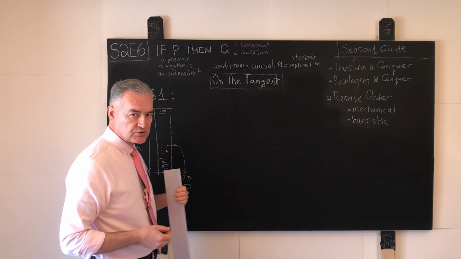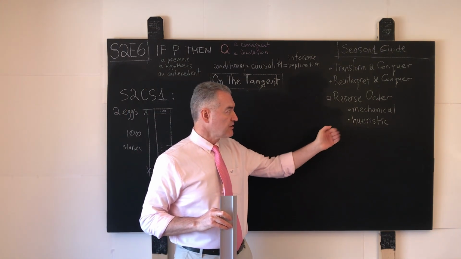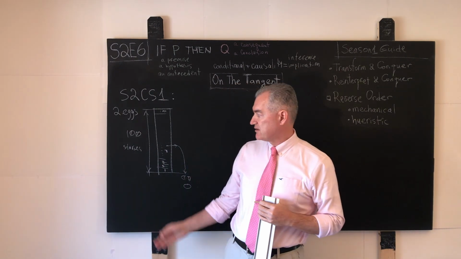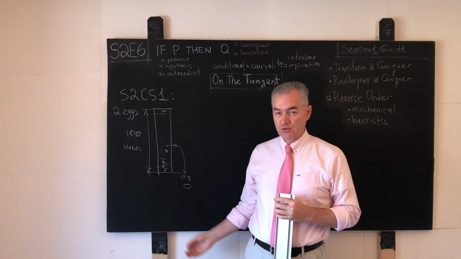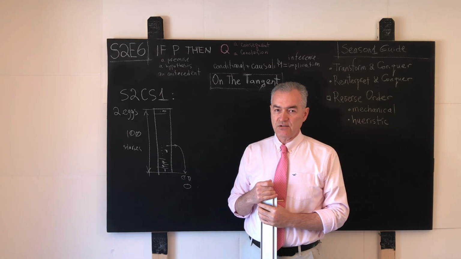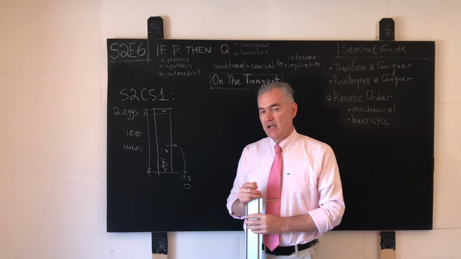Again, this problem can be solved in a number of different ways, but because right now we're studying the mechanics of the reverse order problem solving approach, we suggest that you try to solve this problem using the reverse order problem solving approach.